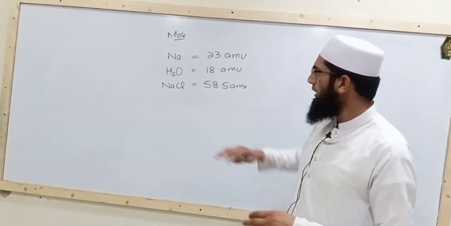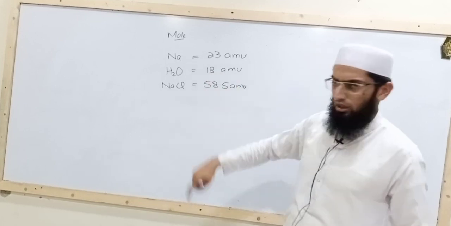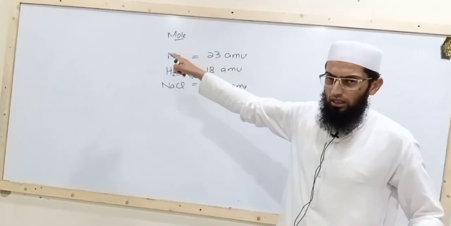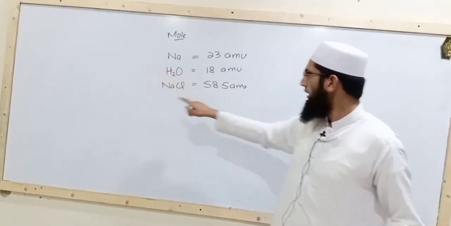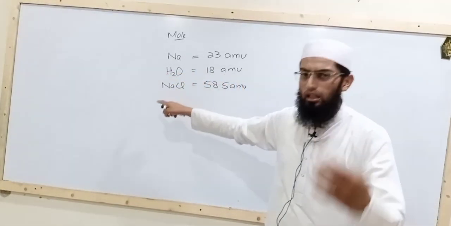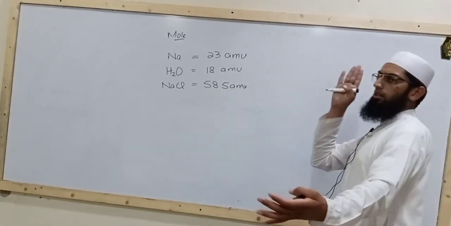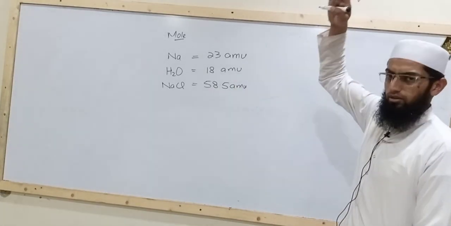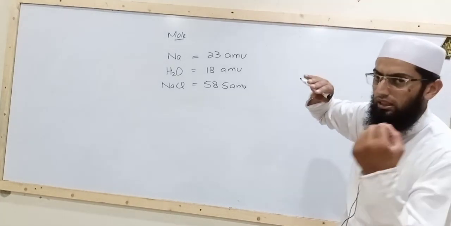So in this way, all the atomic masses of the atoms of the elements, molecular masses of the molecules, and formula masses of the ionic compounds, whatever their masses are, are expressed in grams. Means we increase their values, we make them huge by just putting gram.